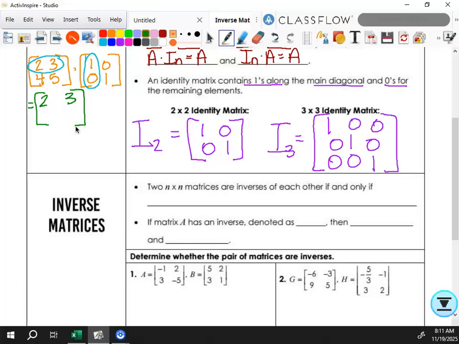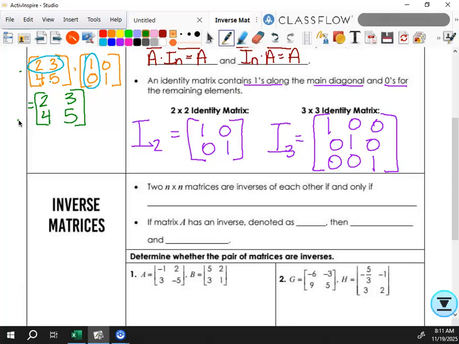Then I do the second row times the first column. So 4 times 1 is 4, 5 times 0 is 0. Then I take the second row times the second column. 4 times 0 is 0, 5 times 1 is 5. So you see how I ended up with the exact same thing? That's why it's called the identity matrix. It's like multiplying by 1. Okay, we good on that?